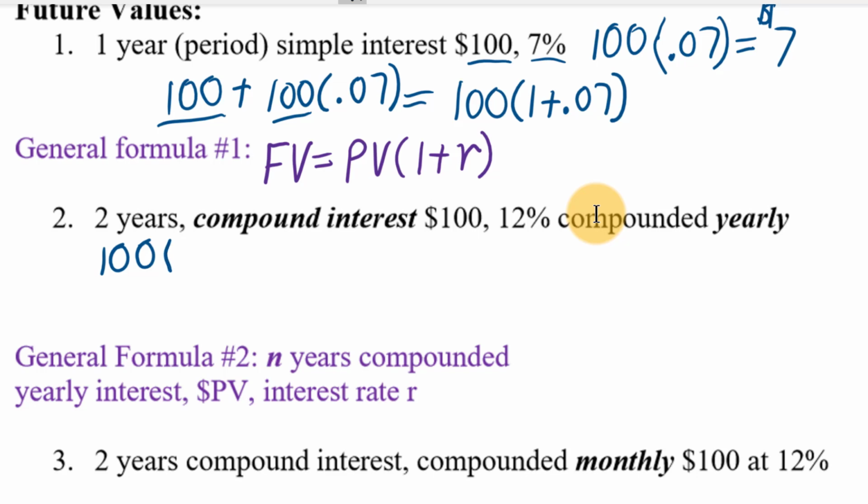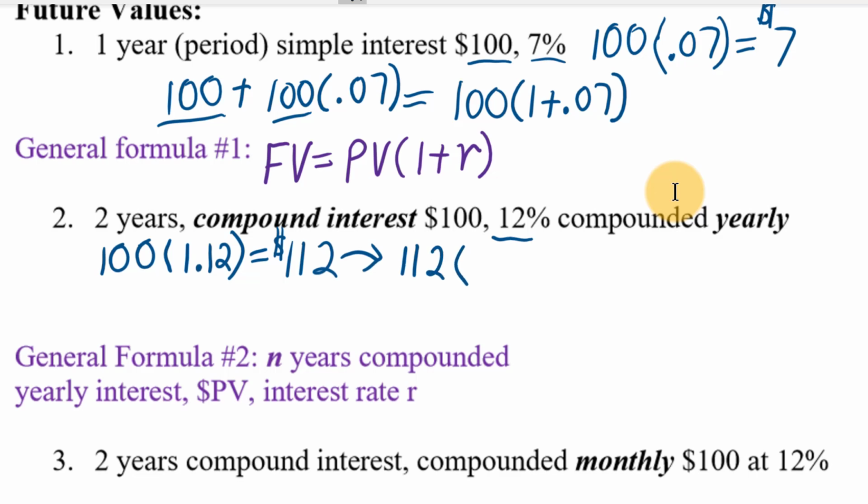is to calculate the simple interest, 100 times 1 plus 12% interest here, so 1.12. And then that's going to give us $112 after 1 year. But then we're going to reinvest that money, leave it in the bank account, and that $112 will then earn interest for another year times 1.12.